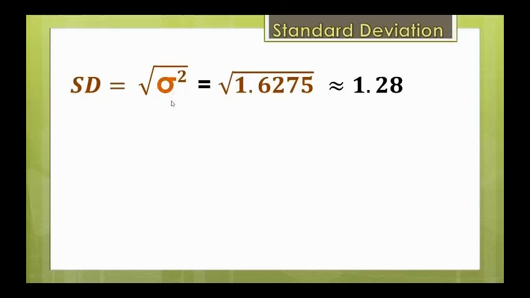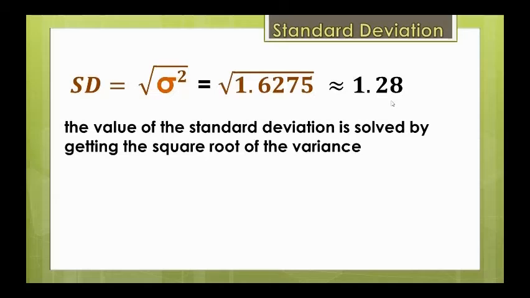So, square root na natin yung variance. That is equivalent to the square root of the value of our variance, 1.6275. That is more or less equivalent to 1.28. Okay? So, the value of the standard deviation is solved by getting the square root of the variance.